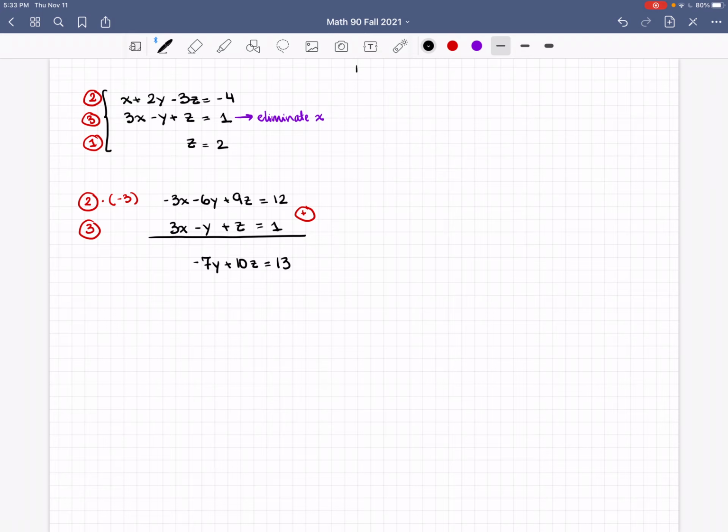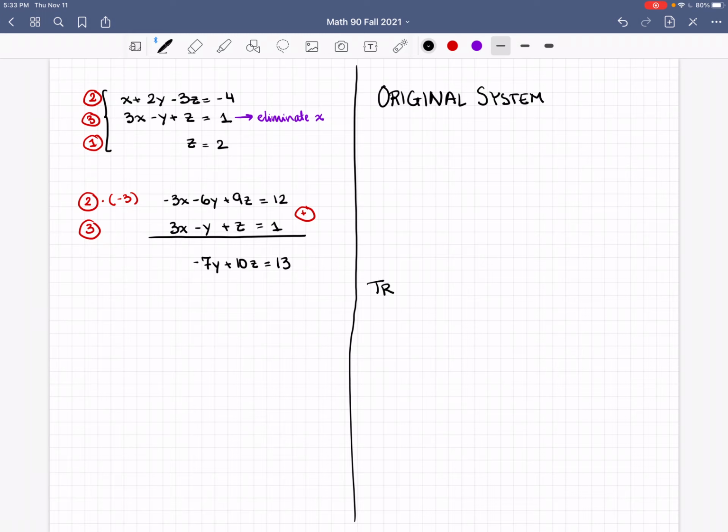So I'm going to say original system, and we're going to put our original system here. And then down below, we'll look at the triangle form.